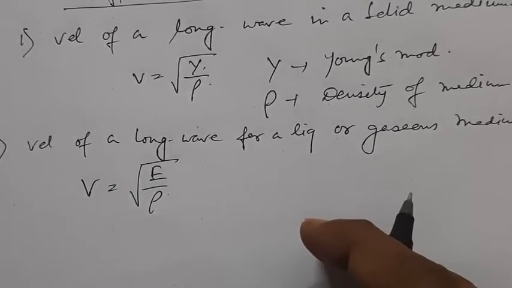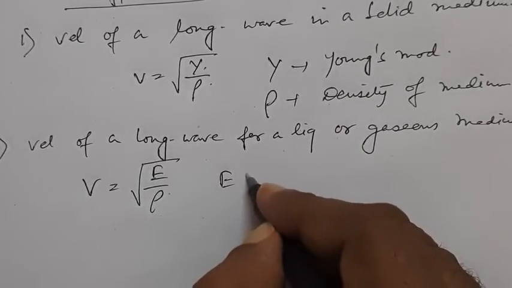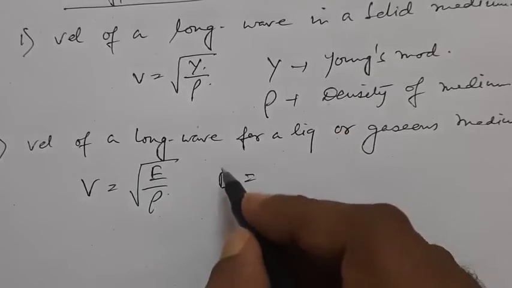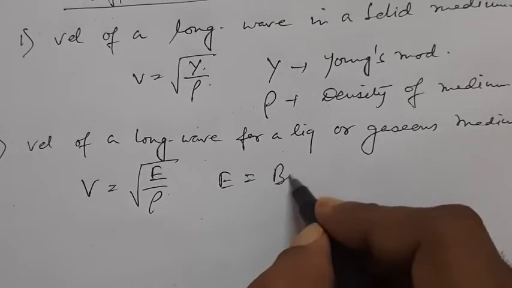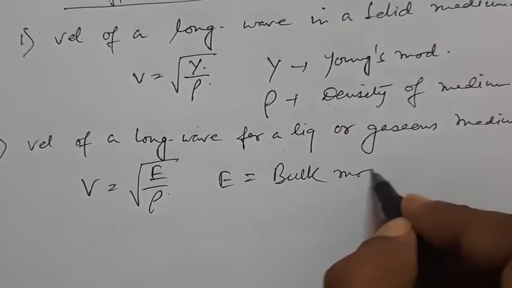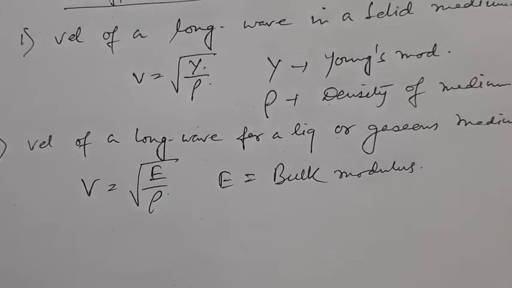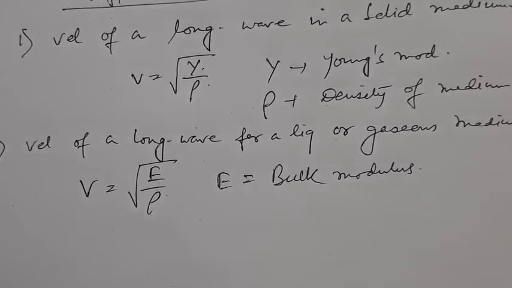Now what is E? E is the bulk modulus. In some books you will find it as K, either E or K. This is the bulk modulus, because we all know bulk modulus is related to the volume. So you can write E instead of Y for a solid medium.